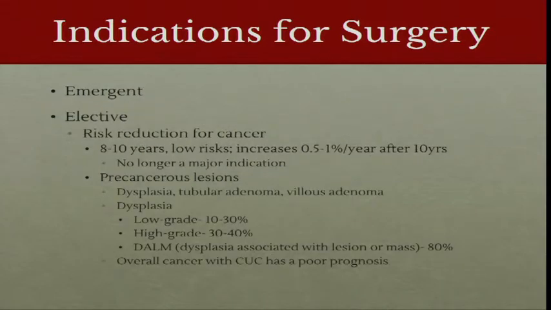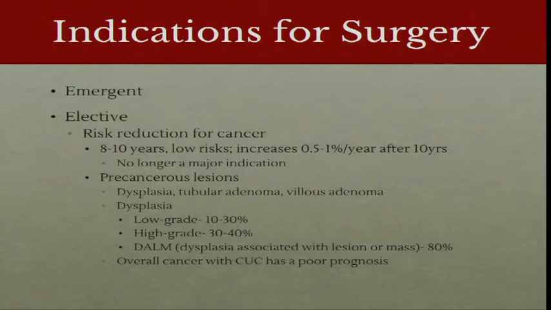And this is for ulcerative colitis. There's the risk reduction for cancer. So it used to be, we'd say once people had UC for 10 years or so, you needed to start talking about getting the colon out because there's this risk of colon cancer developing. And the tricky thing with UC patients' cancers is that it doesn't come through the typical polyp pathway.